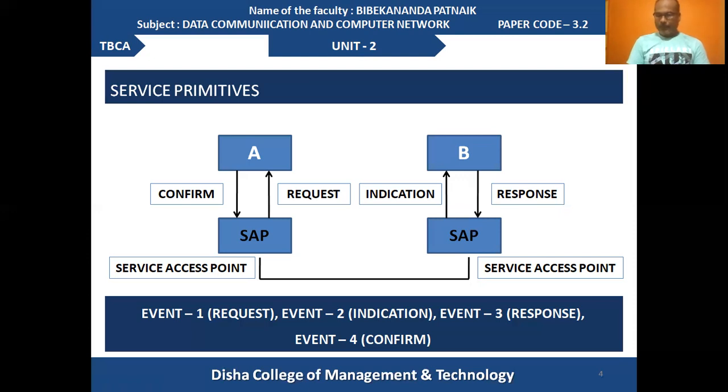Then the service provider must send an indication to B. So the request should be converted into the indication.